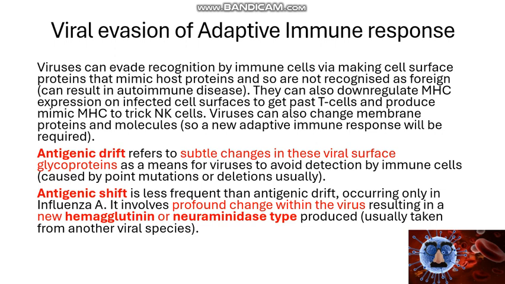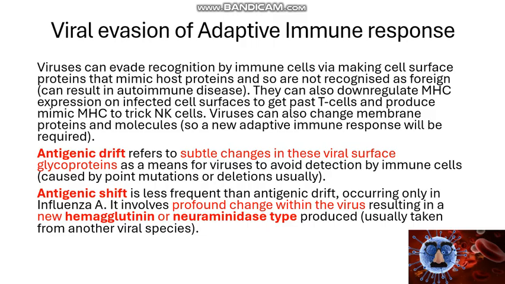Because there's no complex to begin with, you're not going to have the T cell receptor and CD8 or CD4 co-receptors forming complexes with MHC. So it basically allows virally infected cells to get past being detected by these T cells.